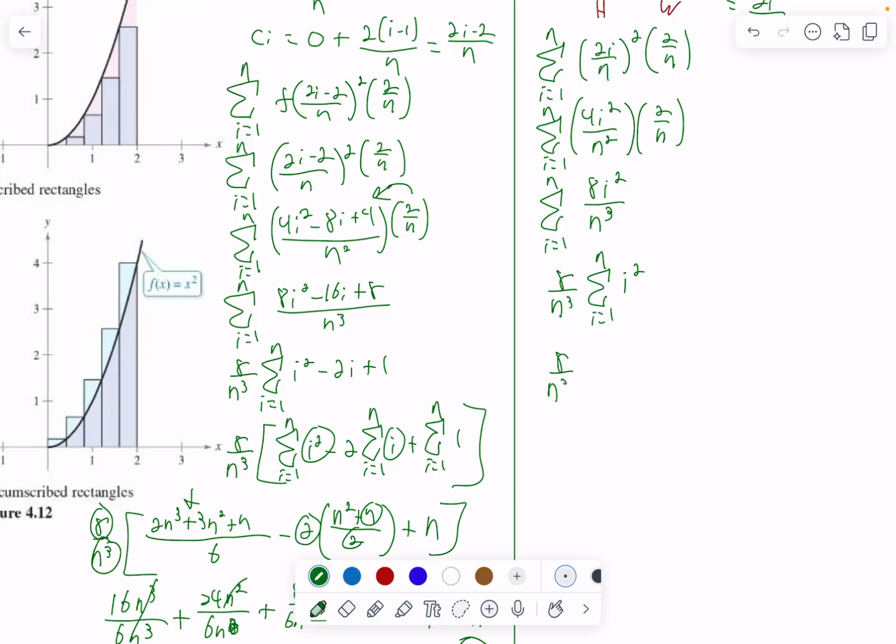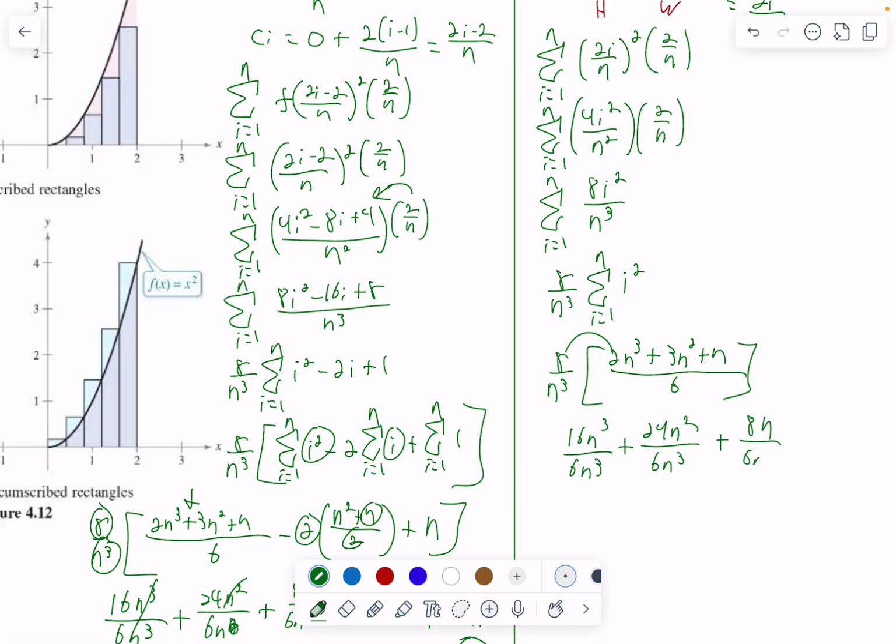Because when I use my summation formula now, for i squared, again, it's 2n cubed plus 3n squared plus n over 6. I'm back to just distributing. Okay, 16n cubed over 6n cubed, and then each of these are going to be over 6n cubed, plus 24n squared over 6n cubed plus 8n over 6n cubed.